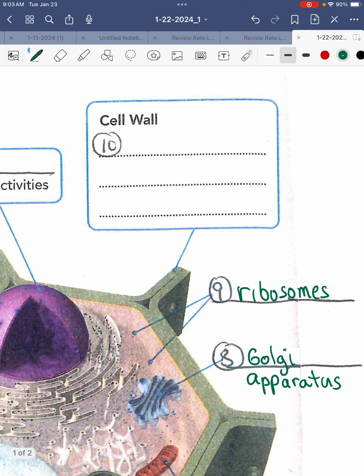And then the cell wall is a rigid framework that supports the cell.